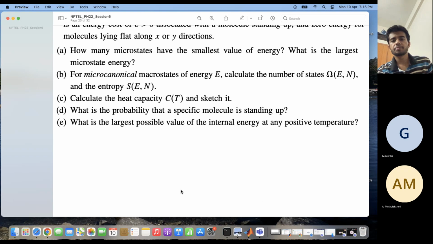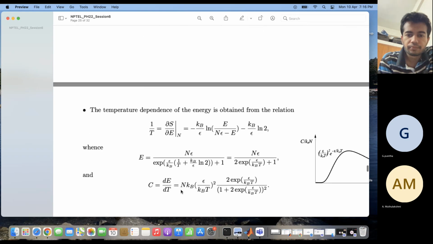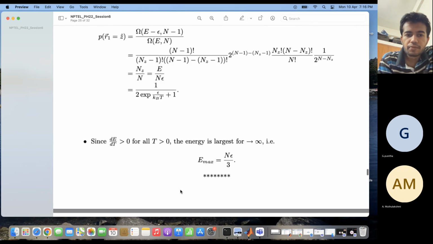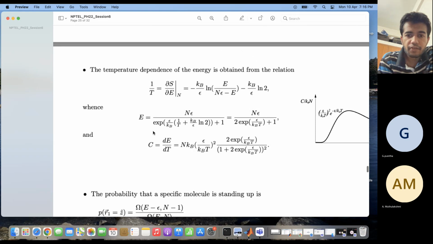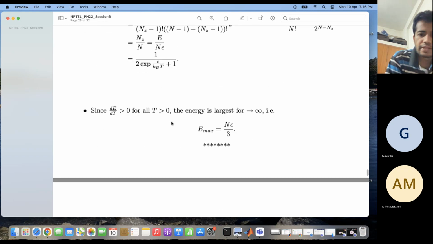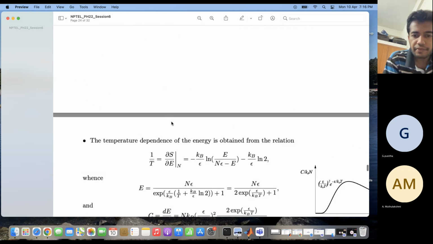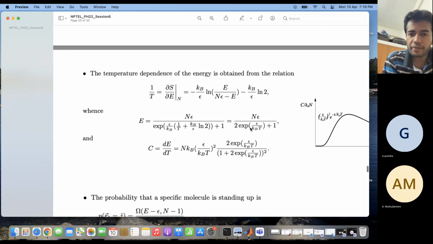And what is the largest possible value of the internal energy at any positive temperature? So here is what I had got for the internal energy. And at any positive temperature, what is the largest value of E? So you will see that the largest value of E is achieved as T goes to infinity. Why?